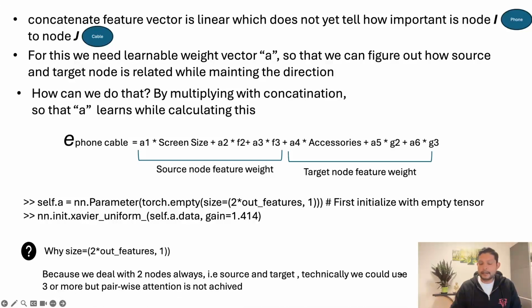Technically we can have multiple nodes, but here we are doing pairwise attention. Pairwise means two nodes, otherwise we will not achieve the result that we are looking for. So that was the theory part.